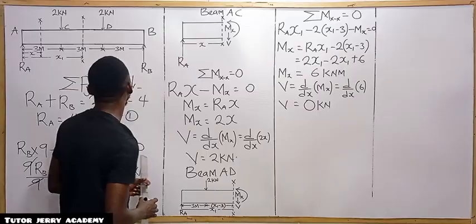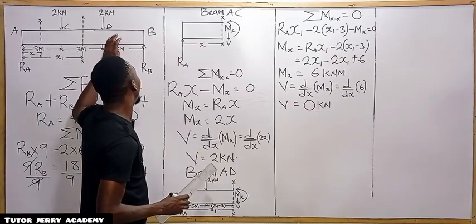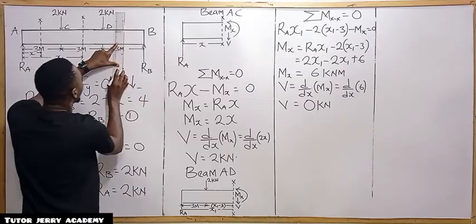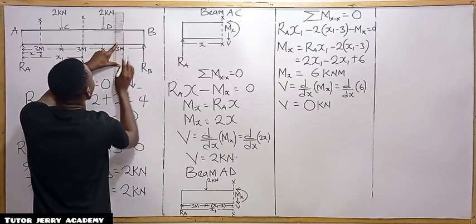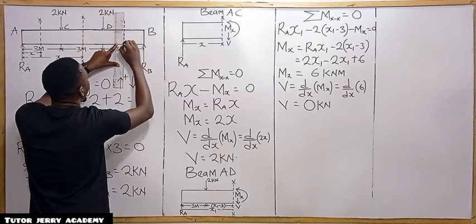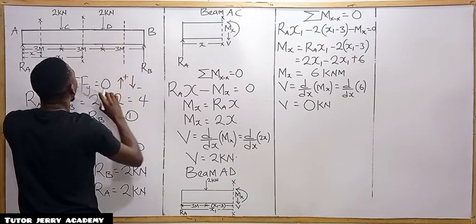So the next thing we are going to do here is to take the section of, so consider beam DB rather. So we are going to section this part. All right.